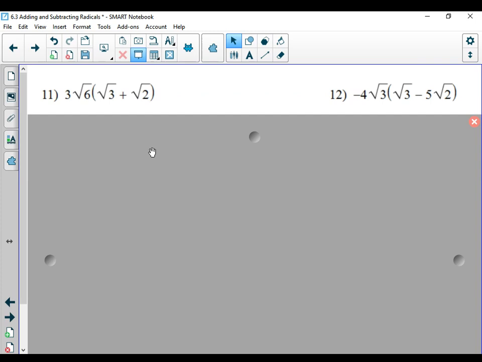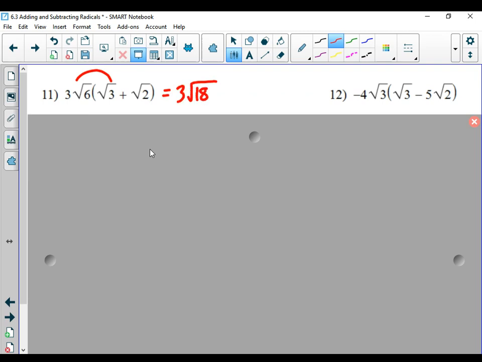So if we have a monomial outside of a binomial, then we know we're just going to do the distributive property. Okay, so same rules, everything still applies. So if I multiply here, I get 3 square root of 18. And if I multiply here, I get plus 3 square root of 12.